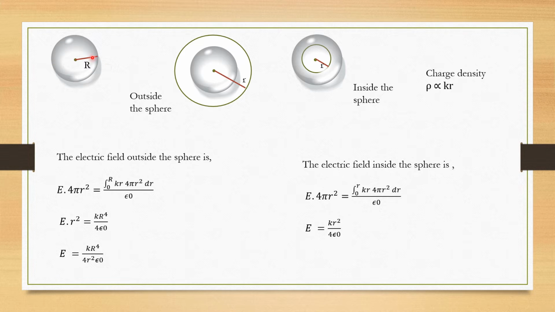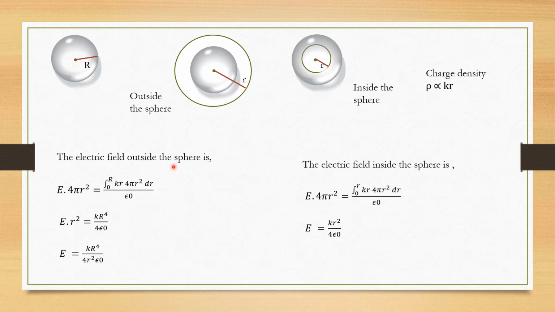So here is the sphere which has radius R. Here we will calculate the electric field outside the sphere, and here we will calculate the electric field inside the sphere. Outside the sphere, a Gaussian surface at a distance r is taken, and inside the sphere, with radius small r, the Gaussian surface is taken.